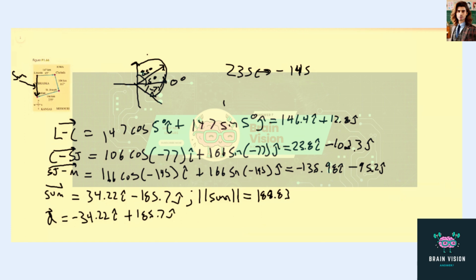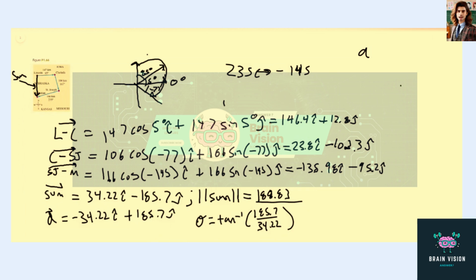Okay, the length is the same. The length is still 188.83. That's how far you have to go to get back. And the angle, theta, will be the tan inverse of the y component, 185.7, over the x component, 34.22. So if I draw this vector, I'll draw it up here, D.